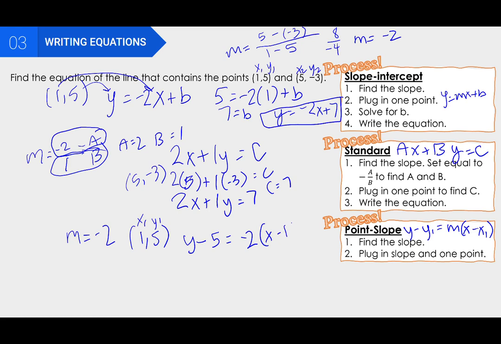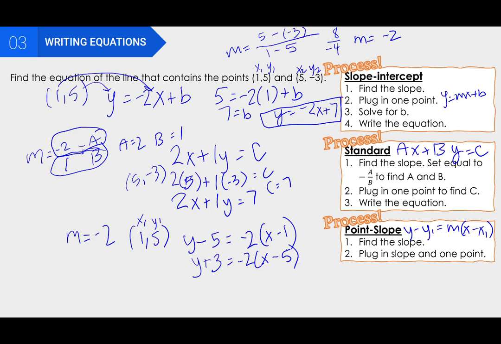So y minus 5 equals -2 times x minus 1. The weird thing about point slope is if I had to use the other point, it would look different. Well, they're really the same line. So if I had to use (5, -3), it'd be y minus -3, so plus 3, equals -2 times x minus 5. So if I simplified either of those and got y by itself on one side, they'd look exactly like the slope-intercept form. That's the tricky thing about point slope, is that they will look a little bit different.